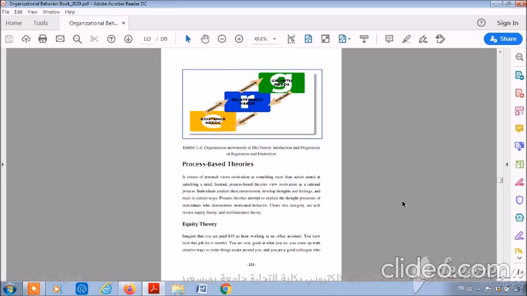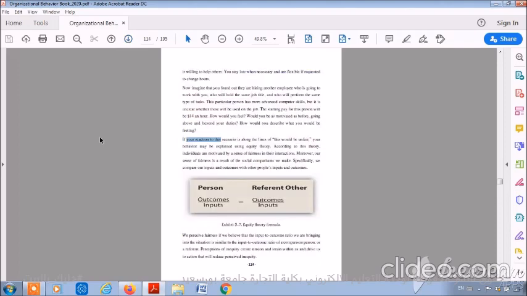You are very good at what you do. You come up with creative ways to make things easier around you. You are a good colleague who is willing to help others. You stay late at the job when necessary, and you are flexible if requested to change hours. So, you can say that you are the optimal employee in this job.